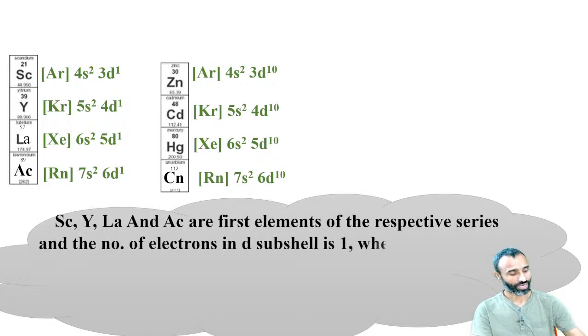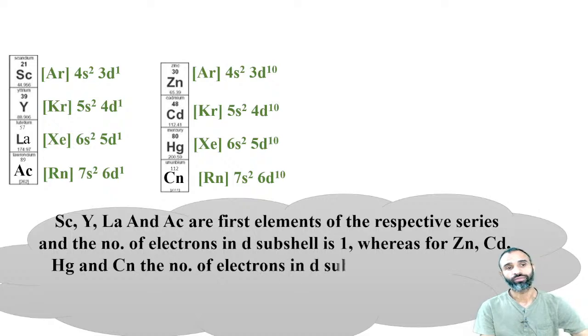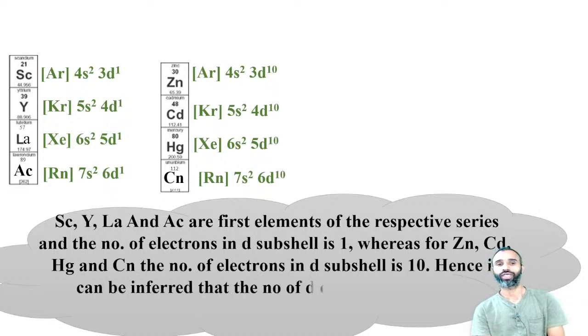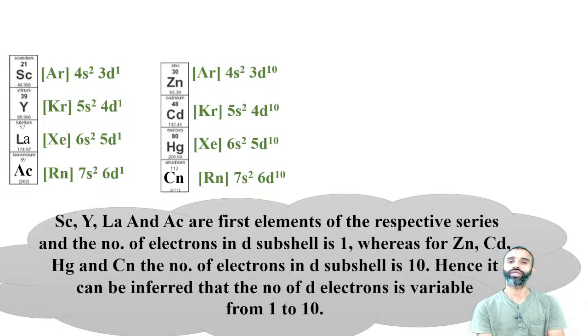Scandium, yttrium, lanthanum and actinium are the first members. Zinc, cadmium, mercury and copernicium are the last members of the D block series.